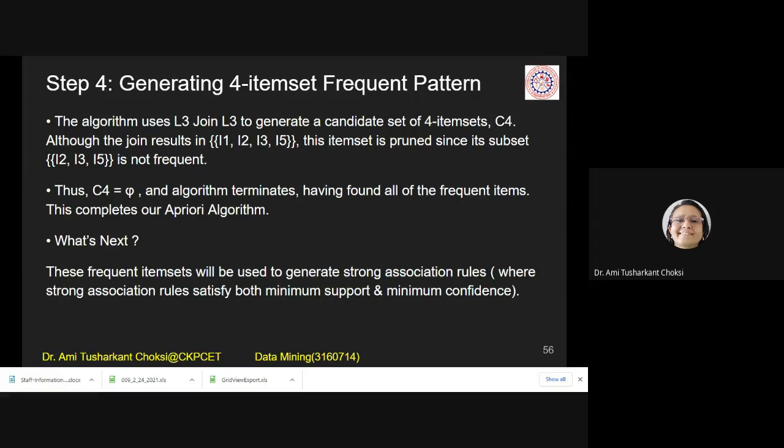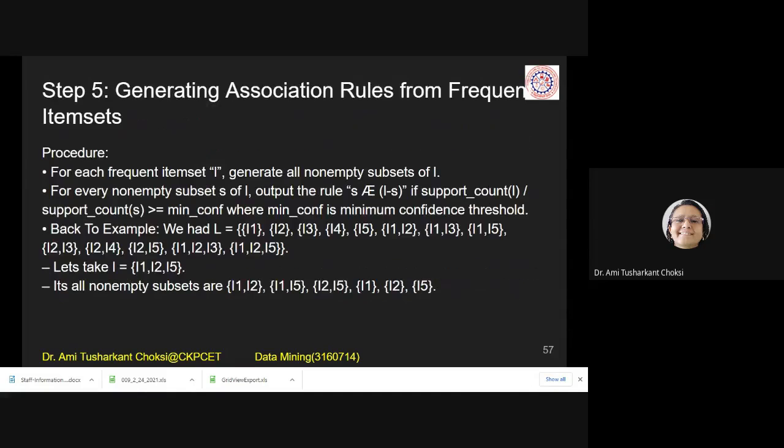So what do we use to check? The confidence of the rule should be greater than or equal to the minimum confidence. Fine. So now, generating association rules from frequent item sets.